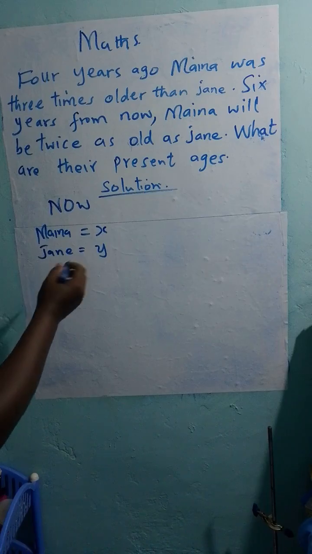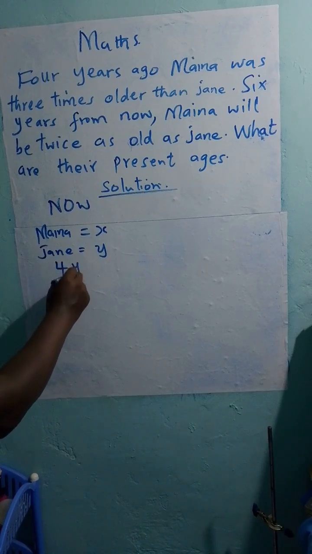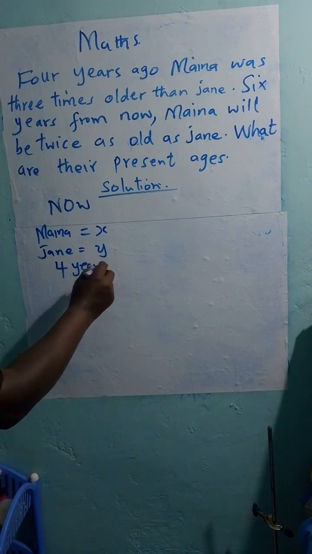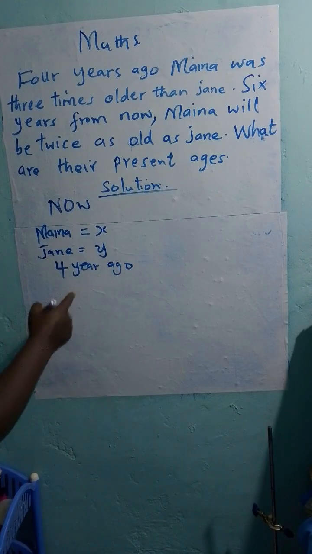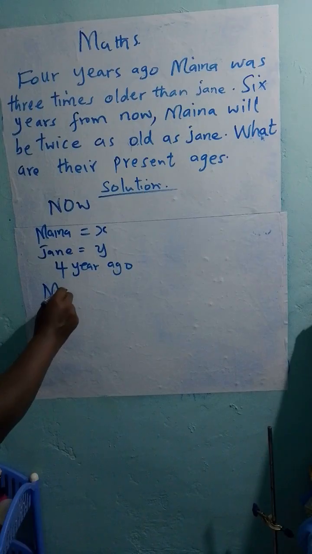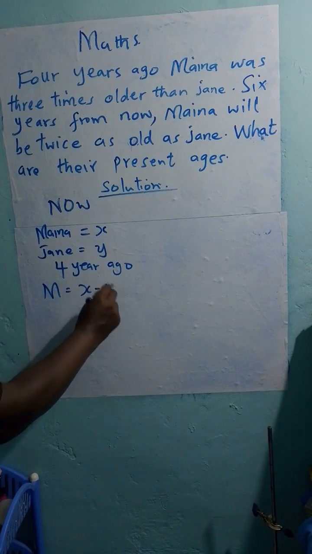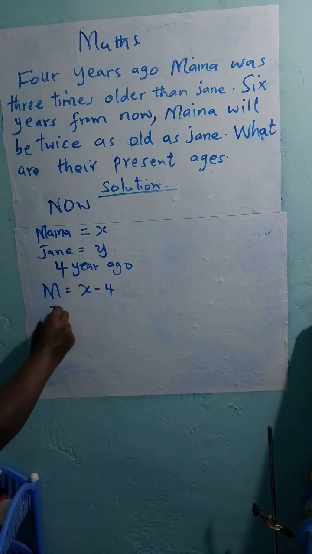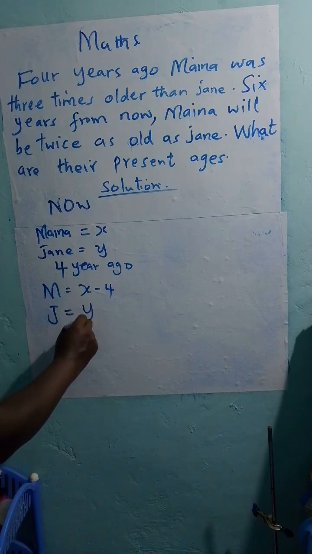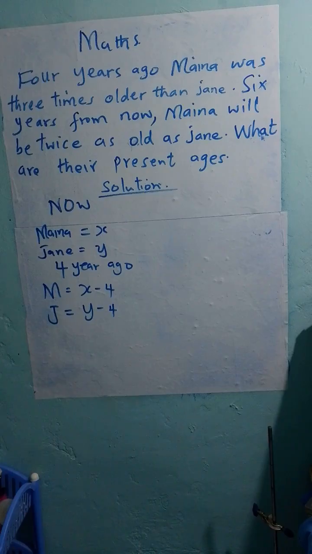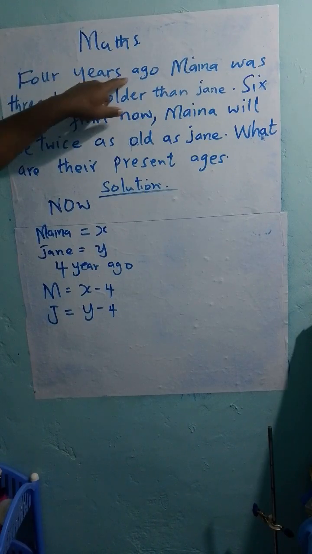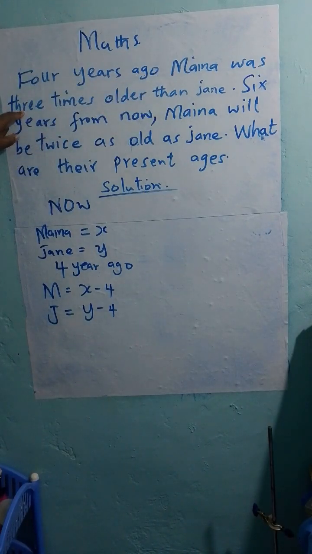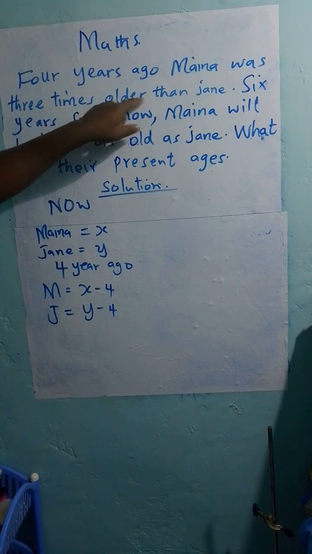Now 4 years ago, Mina will be x minus 4, while Jane will be y minus 4. But we are told that 4 years ago, Mina was 3 times older than Jane.